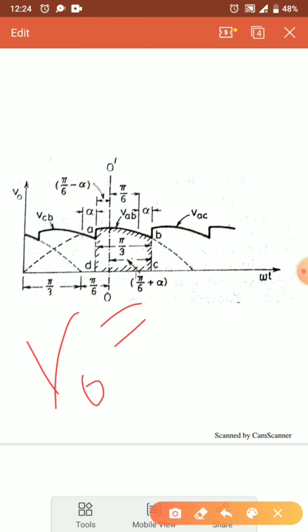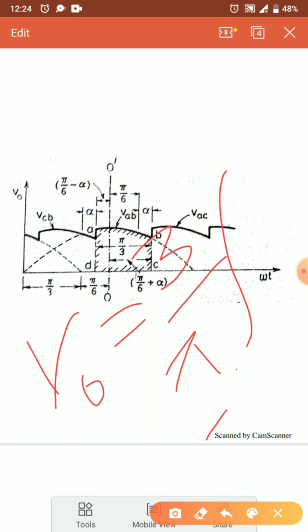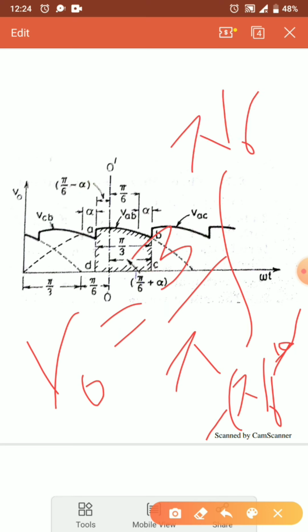V0 is equal to, as I have said, for three waves, I am considering the half portion. So here I am taking the limits to be minus pi by 6 plus alpha to pi by 6 plus alpha, and we know that VML cos omega t d omega t.